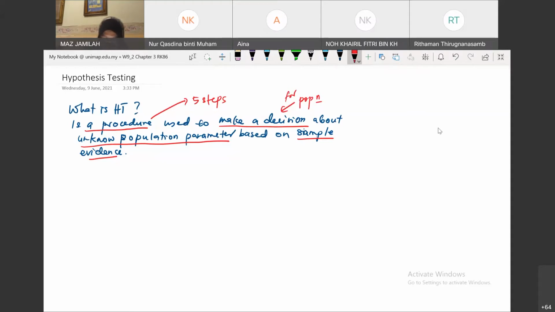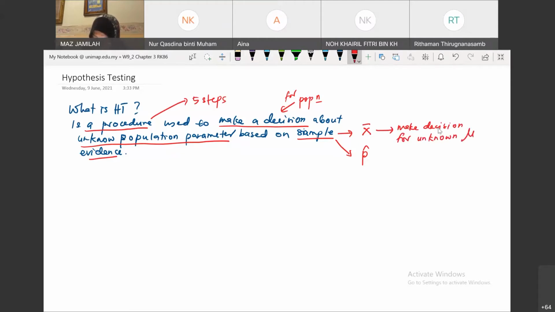So what sample evidence are we talking about? Sample evidence could be X bar, or the sample evidence of the sample proportion. Because we are collecting the sample, we are going to make an inference from our sample.